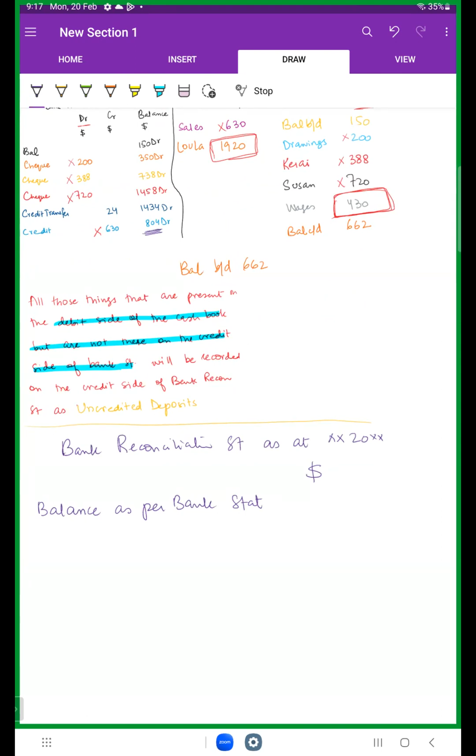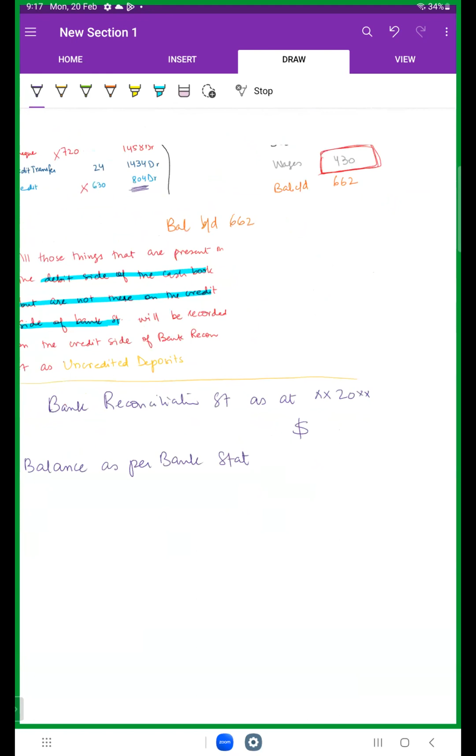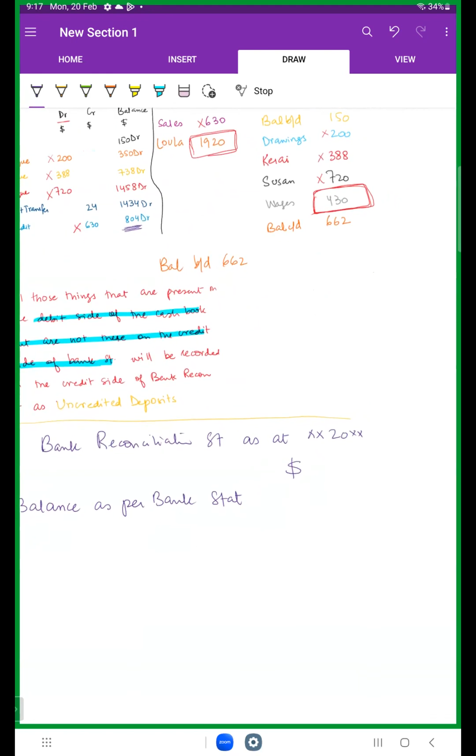We had 150 balance, but since all of these transactions occurred, now our new balance is 804. Any problem till here? Nope.